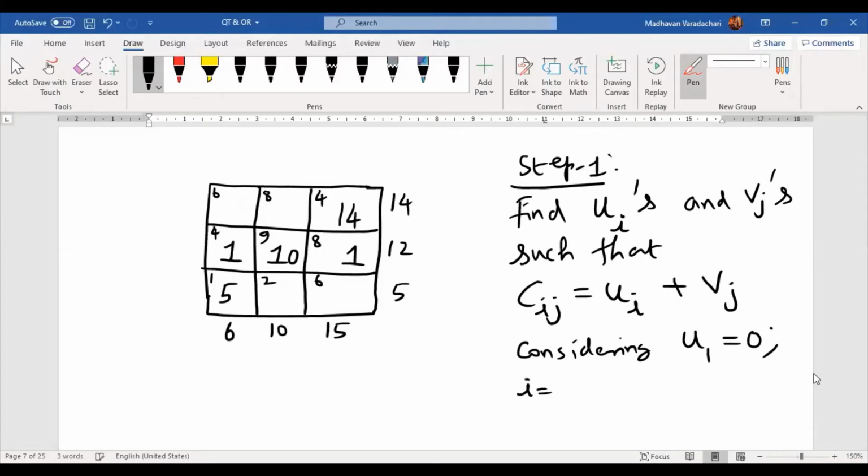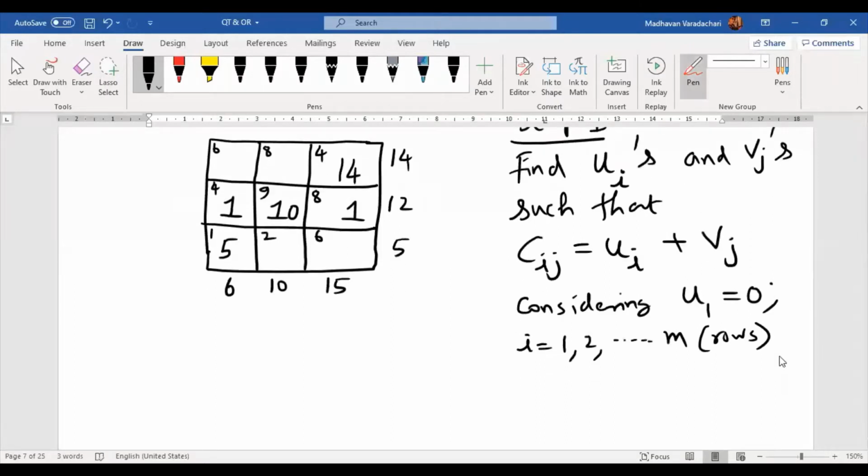I ranges from 1 up to M, which indicates the rows. J ranges from 1 up to N, which indicates the number of columns.